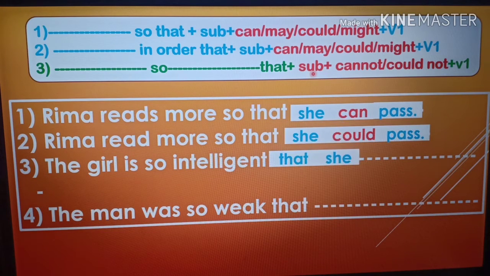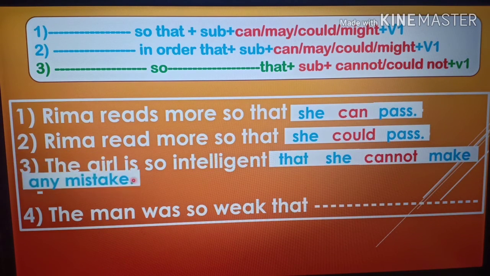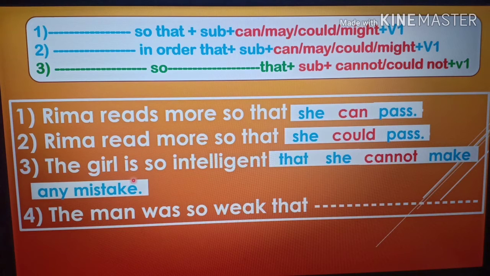The girl is so intelligent that she, and as it is in present indefinite, you have to use cannot. She cannot make any mistake. The girl is so intelligent that she cannot make any mistake.